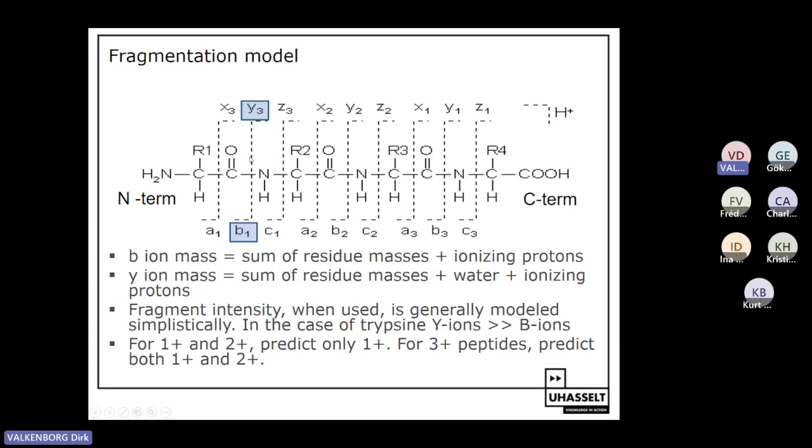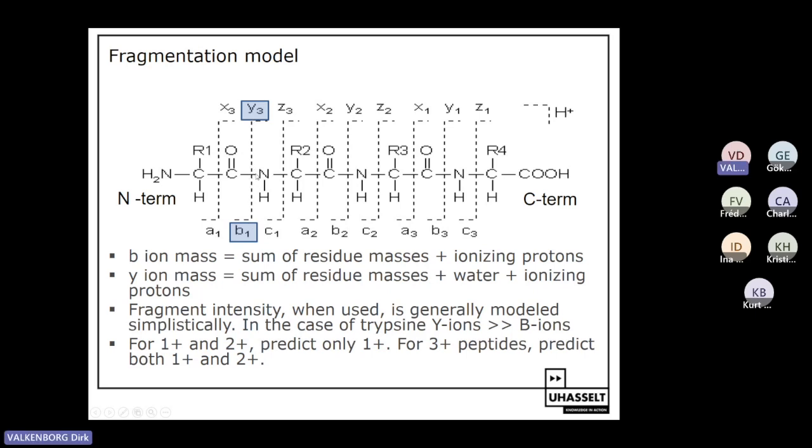So it will break peptide bonds, and doing so, it will form B ions and Y ions. So if we break a peptide, so this is here a peptide composed of 4 amino acids, if we break this one at this position, we will create a B1 fragment ion and a Y3 fragment ion.